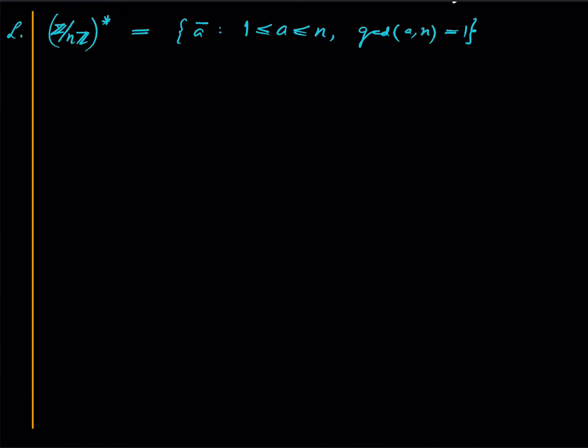Basically, this is just saying that if you pick some a bar for some integer a, then you can replace a by something in this range. You could ask, what about 0? It is possible that a is divisible by n, but that's not possible because the GCD of a and n equals 1.